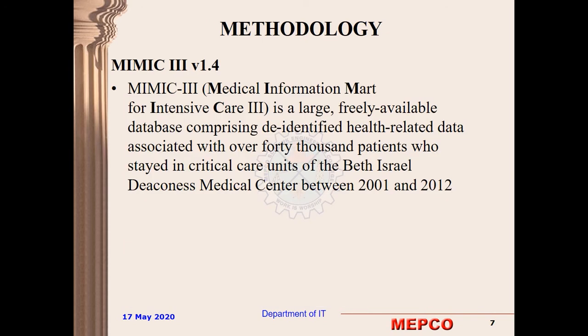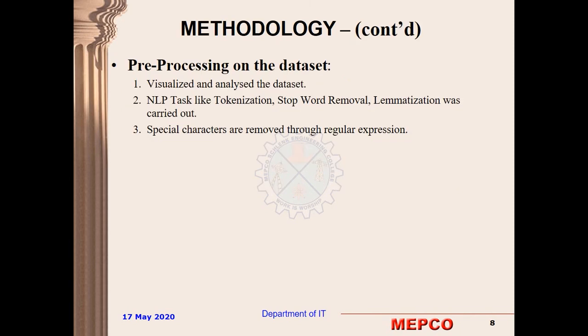Our method is to build a system that provides the ICD code as a predicted output. For this, we have used the MIMIC-3 dataset, which is a freely available dataset on the internet, containing the medical reports of ICU patients. First is the pre-processing work.